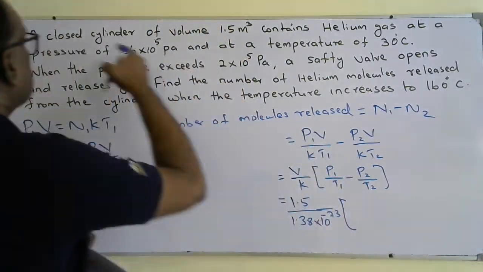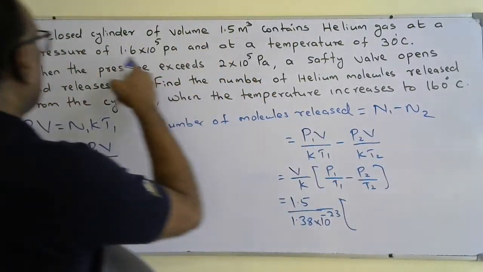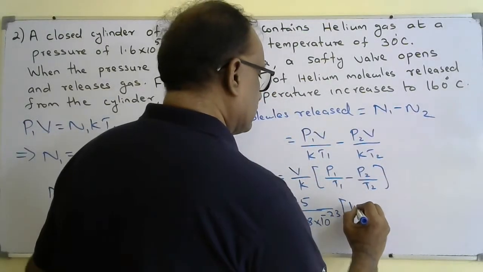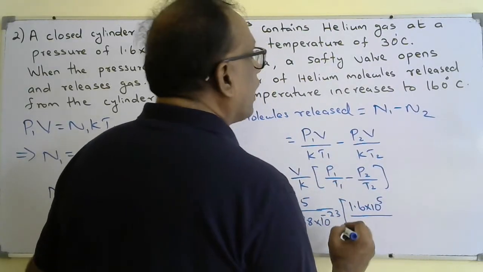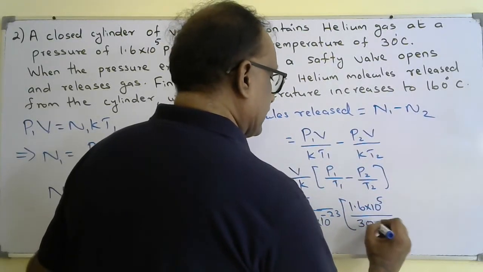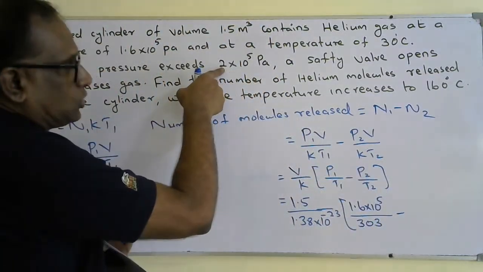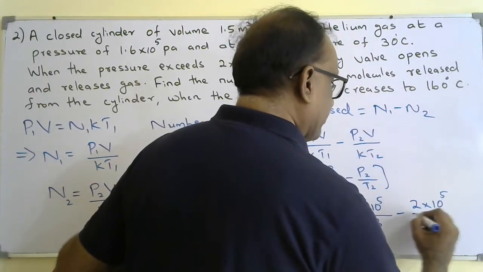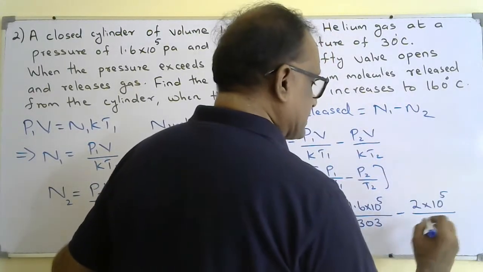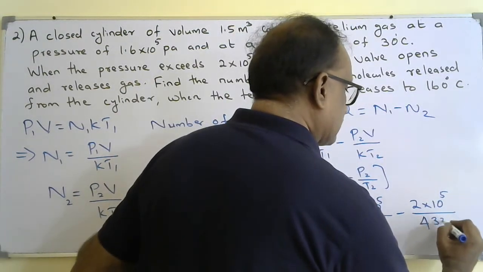Initially the pressure was 1.6 times 10 to the power 5 over temperature 303, minus P2, which can't exceed 2 into 10 to the power 5, the safety value, over temperature 160, that is 433.